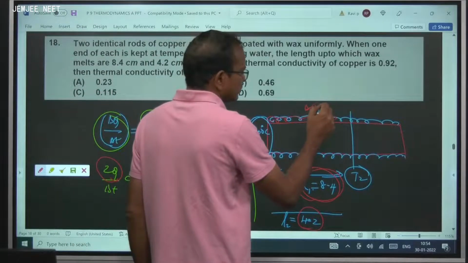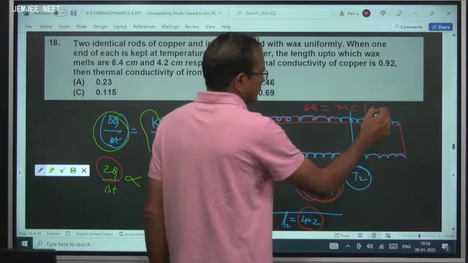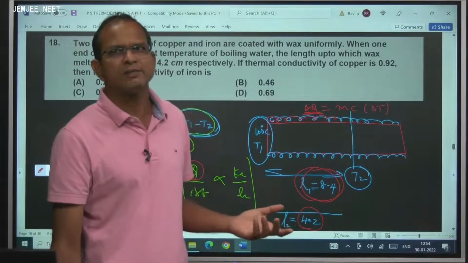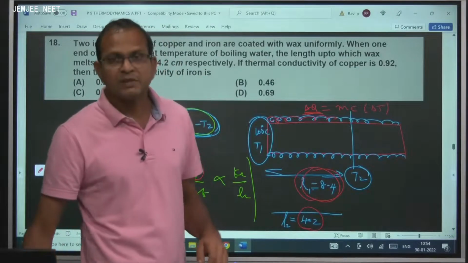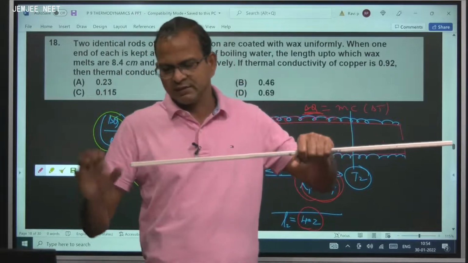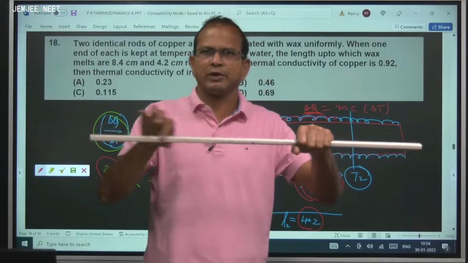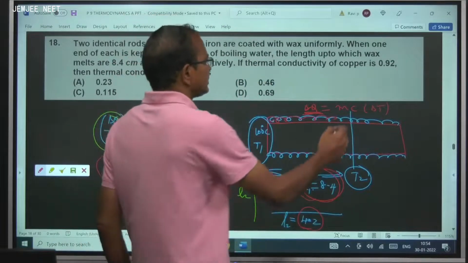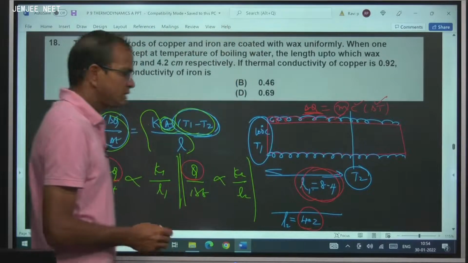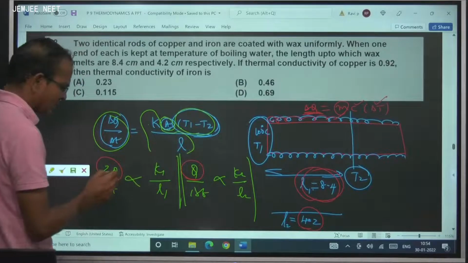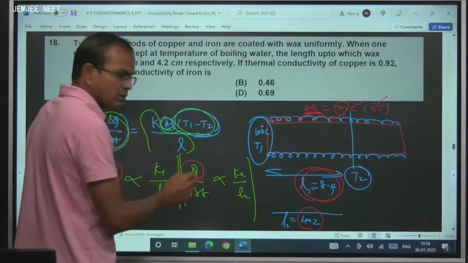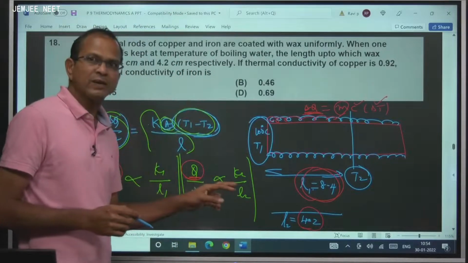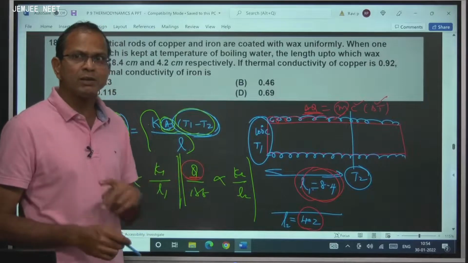What is delta Q? mc delta T is the heat, the only formula for heat; otherwise it is mu Cp or Cv, but this is wax, so it is mc delta T. If it is a hollow cylindrical wax coating, for length 8.4 and length 4.2, whose mass is double? mc delta T, with the same c. So the first has twice the mass, twice the heat, and the second has half. Understood the concept? In the first case, melting the wax requires double the heat of the second case.